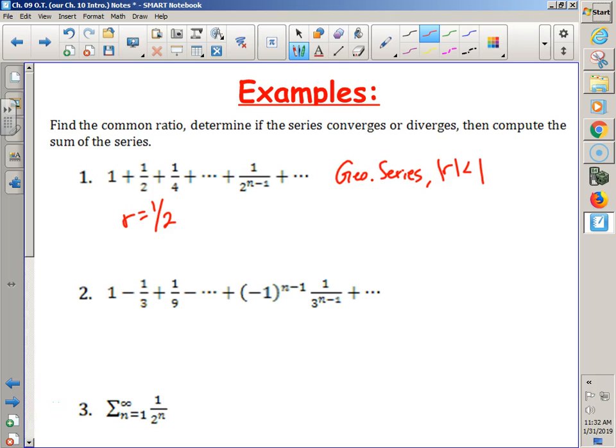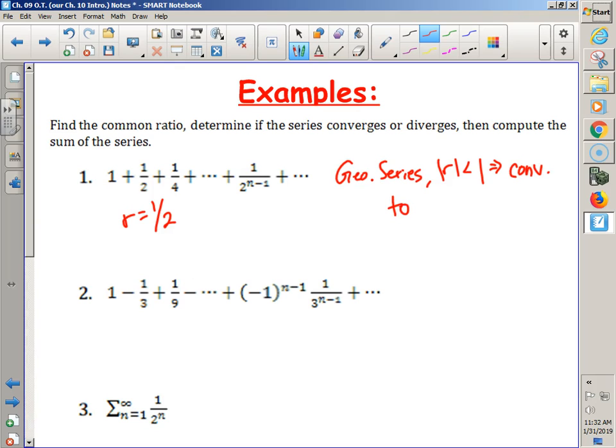And what conclusion can we make as a result of seeing that? What does the geo-series say if R is between 1 and -1? Pause. Converge or diverge? Thank you. And not just converging, but converging to, now, Justin, what were you saying?